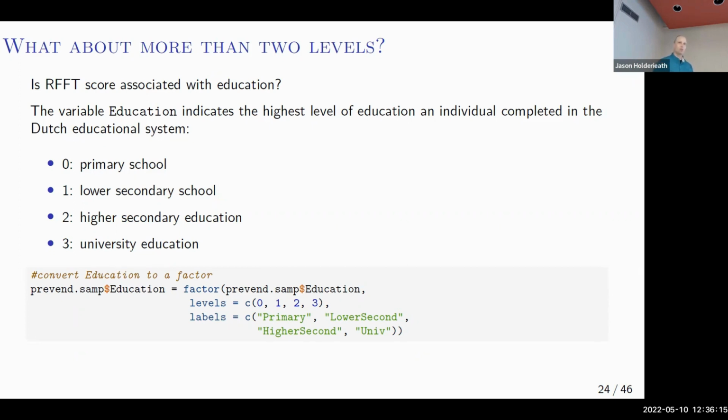Do you suppose it's true that you're going to have twice as high of a score if you had high school than lower secondary school, higher secondary versus lower secondary? If you go from 1 to 2? Okay, so that's possible. I would buy that. But how did we decide on 1 to 2? That sounds arbitrary.